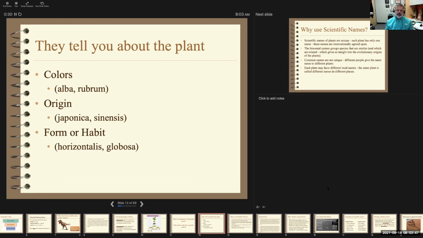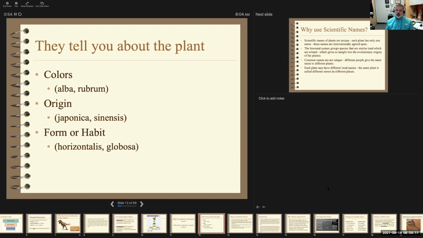We might see as part of a scientific name words like alba or rubrum. Alba means white, rubrum means red. Maybe the scientific name might tell you where that plant is from. Something like japonica, which would of course mean that's from Japan, or sinensis, which means that that's from the area that we commonly call China. It might tell you a little bit about what the plant looks like, its habit or its form.